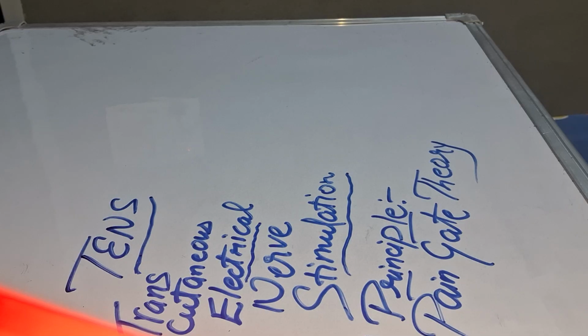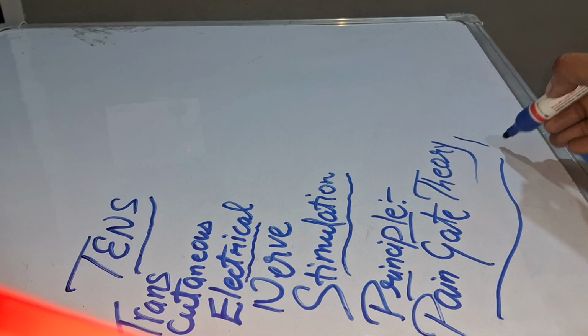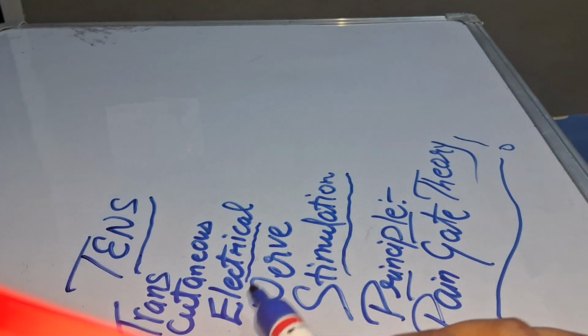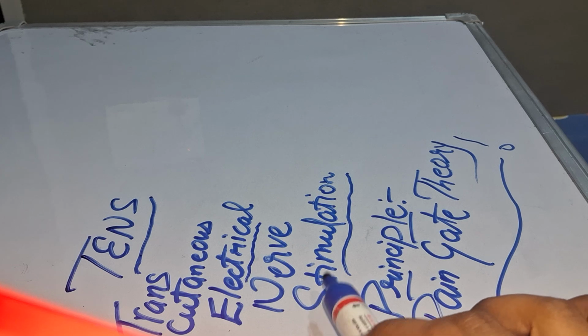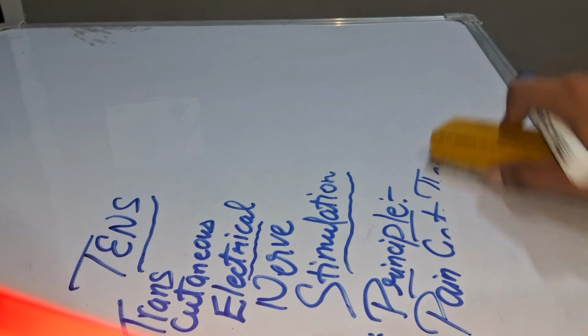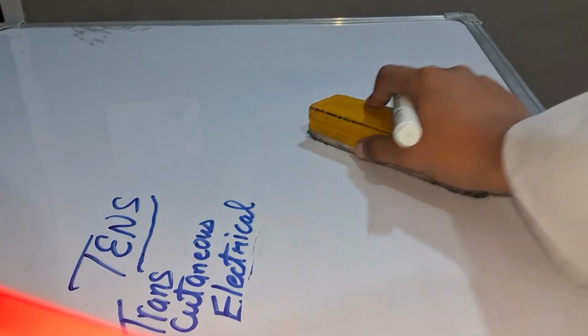Pain pathway was the basis of this theory, and now we are going to study the pain gate theory, which is the principle of TENS. In today's lecture, we will study only how the pain gate theory operates. The pain gate theory is responsible for blocking the pain. How does it block the pain?